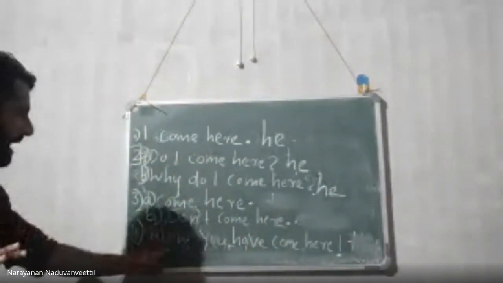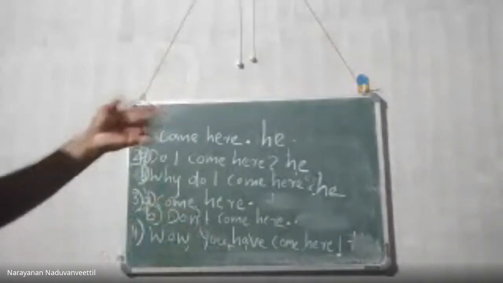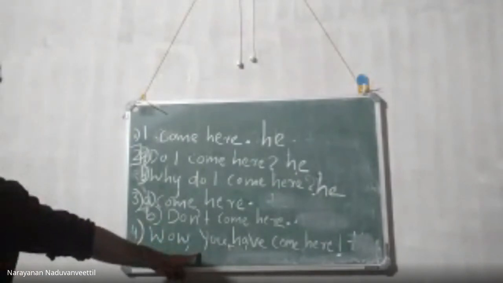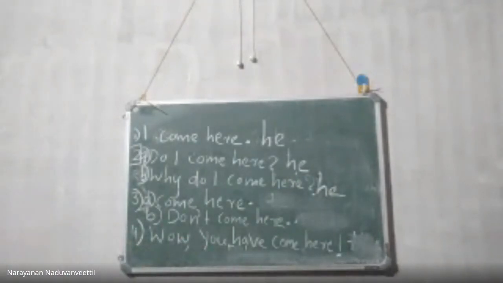Here, "Wow, you have come here!" Exclamatory sentence. Rohan exclaimed to Rahul that... Here it is easy. You will find the subject. Sometimes it would be quite difficult to find the subject in an exclamatory sentence, when the exclamatory sentence starts with the WH word, like "What a beautiful sight it is!"